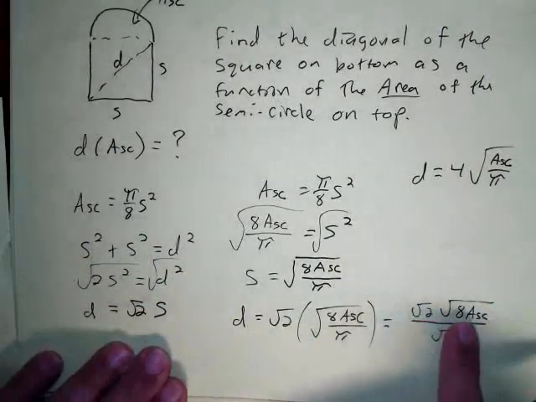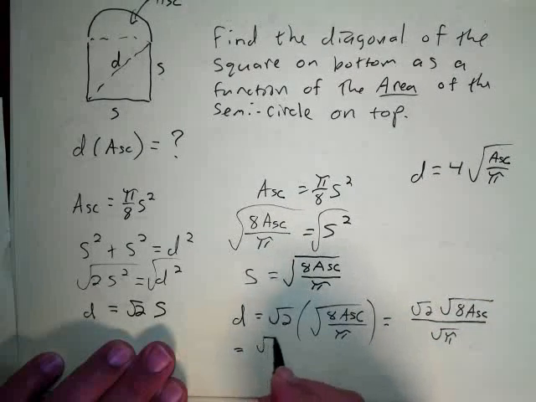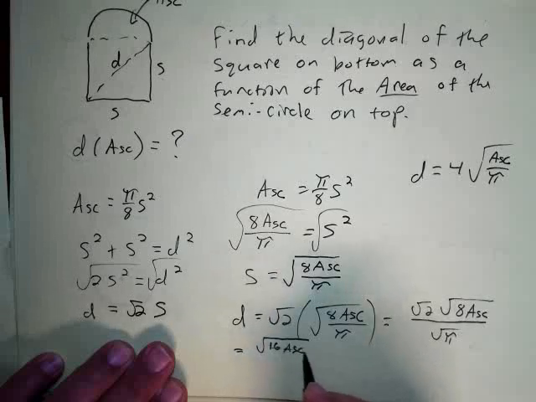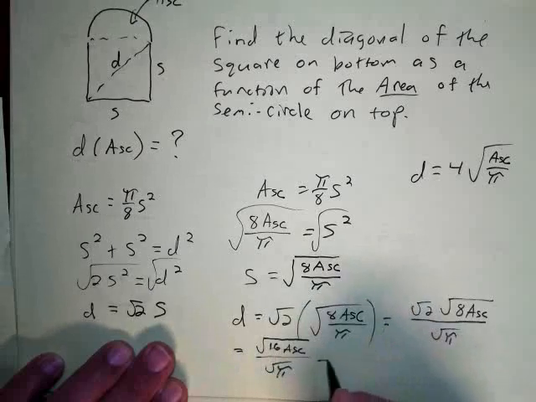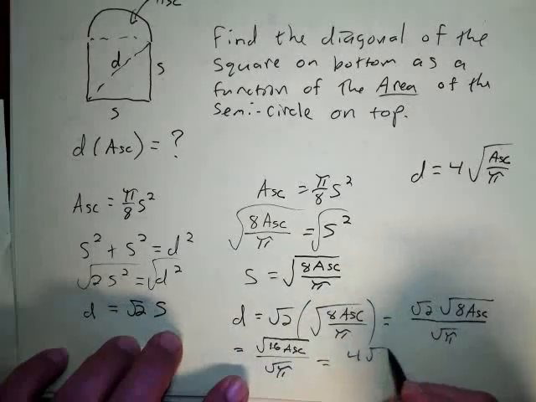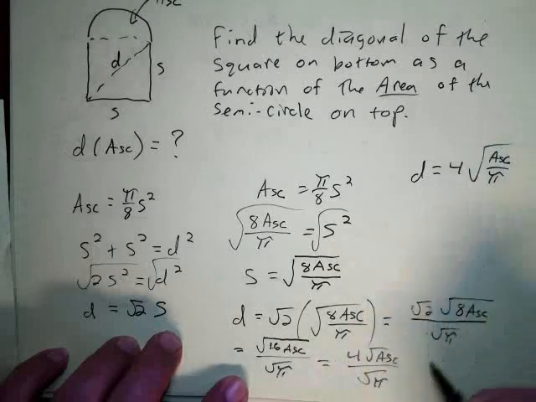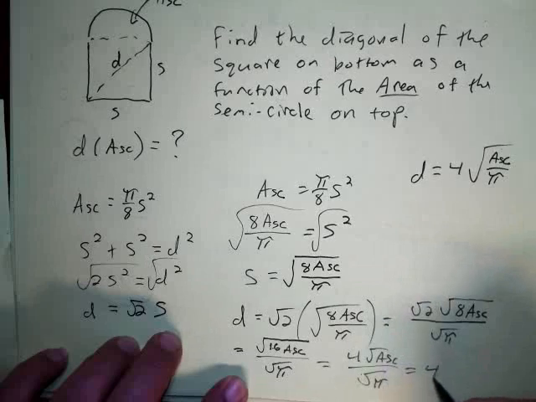And the reason I did that is so I could bring that into there. And what I get here on the top is the square root of 16ASC over the square root of pi. And now the square root of 16 is 4. So I get 4 square root of ASC over the square root of pi. And basically I can put those over the square root now.